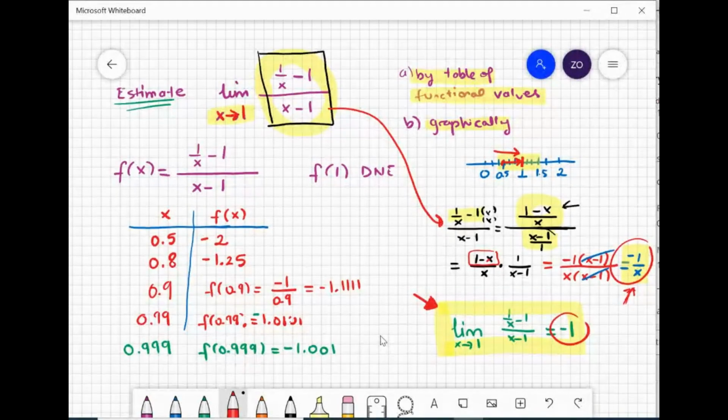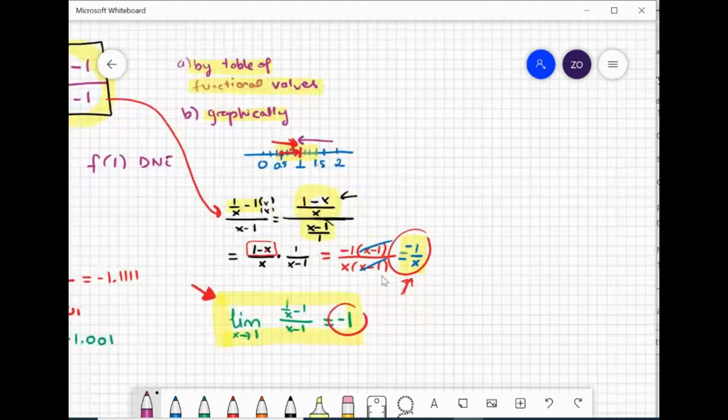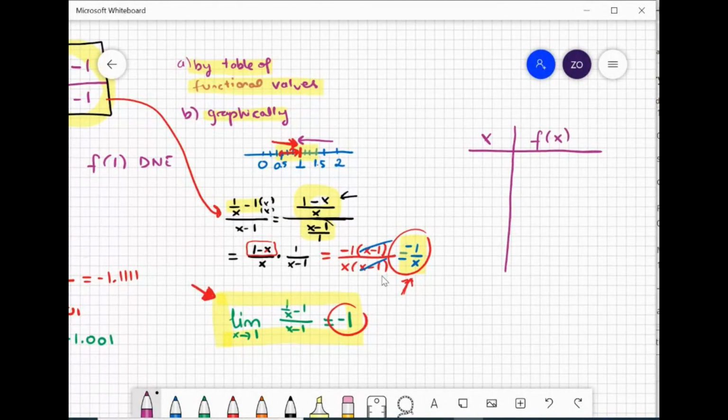So far we only picked numbers that were smaller than 1, but in fact the complete solution to be able to say this limit exists and is equal to negative 1, we should also pick numbers that are larger than 1 and that are getting close to 1. So even if we don't complete this table completely, tell me what numbers can we pick? So numbers higher than 1, that's right. Closer to 1 will be better.